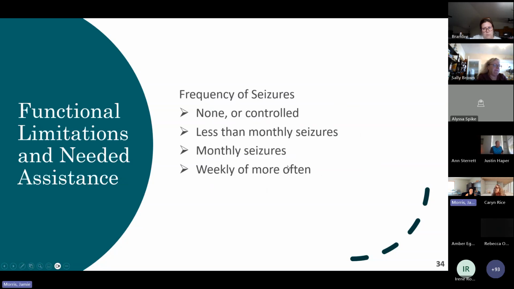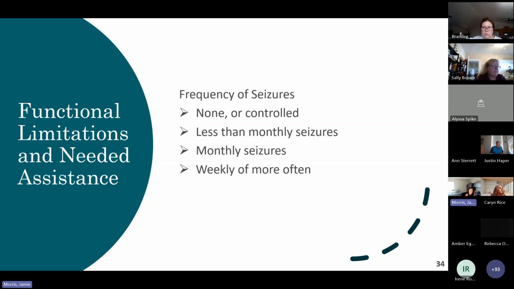Frequency of seizures is number 4. We will only be choosing 1 of these. The options are listed here as none or controlled, less than monthly seizures, weekly or more often. That should be not of, more often. Excuse me. Through documentation that has been collected, we are going to utilize the one that best describes them.